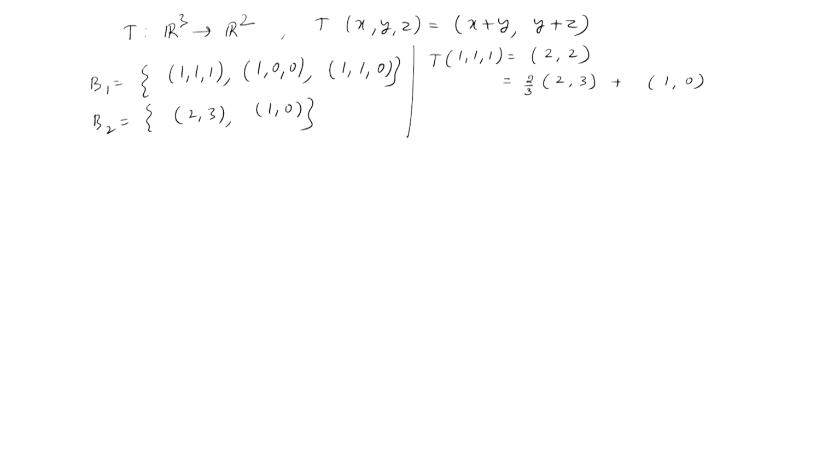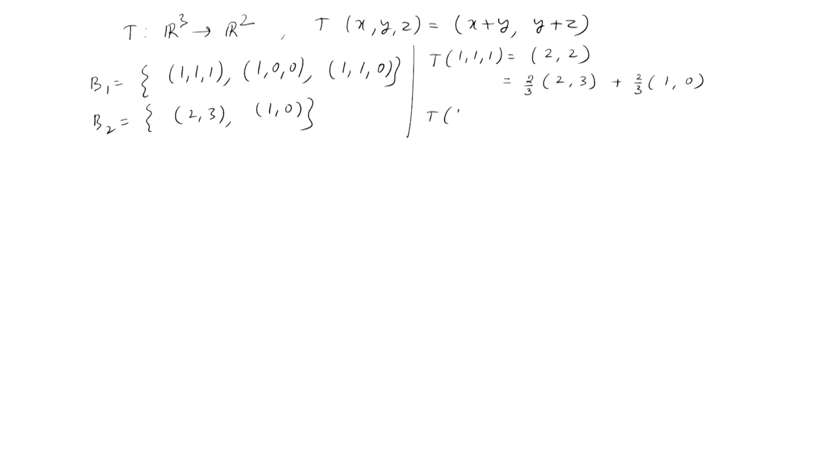Now it is 4 by 3 and you want to make it 2, so it will be 2 by 3, then only it is 6 by 3, meaning 2. So, the coordinates of this vector with respect to this basis are 2 by 3 and 2 by 3.